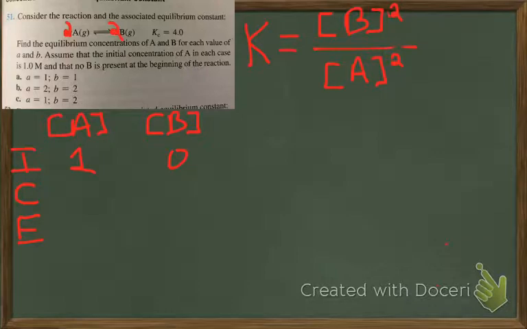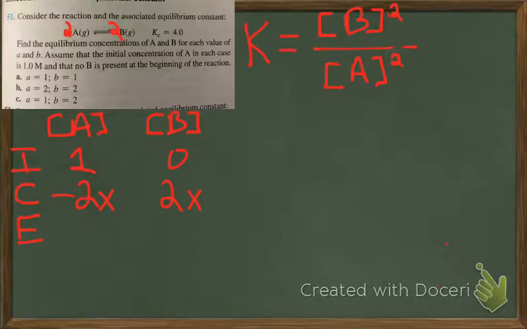Is it going to be positive or negative? Negative, because you lose it. And this time it's going to be 2x, because every time I do this reaction, I lose 2 A's. And that means I'm going to get what out of B? For every negative 2x I change A, I'll change B by positive 2x.